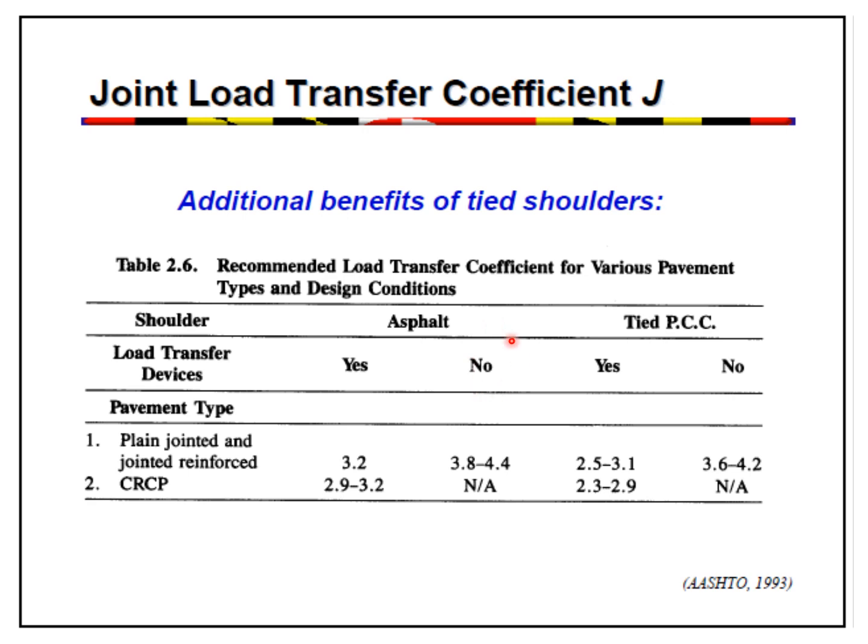No means no load transfer devices. So this is the asphalt shoulder, and this is the tied PCC. When we have provided the tied shoulder, you can see that there will be a further decrease in the value of the joint load transfer coefficient. For example, here 3.8 to 4.4, here 3.6 to 4.2, here 3.2, here 2.5 to 3.1.